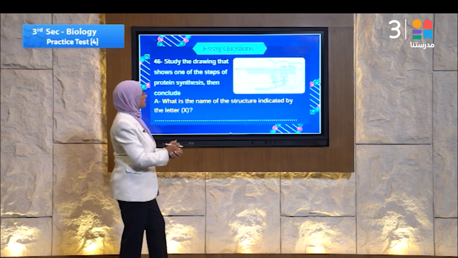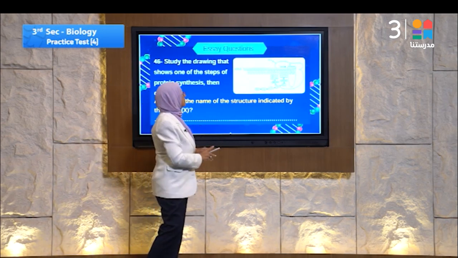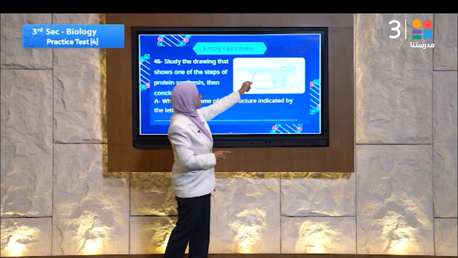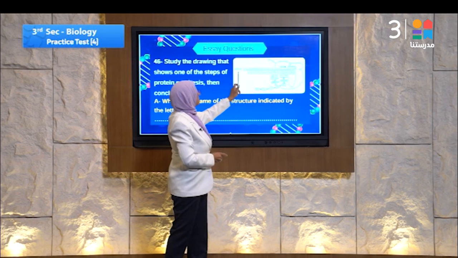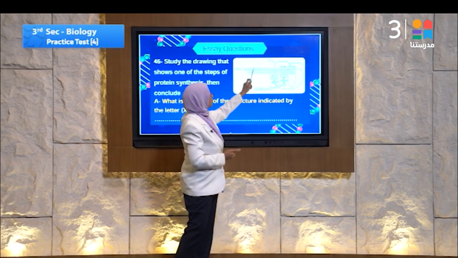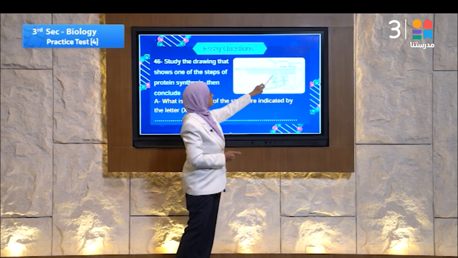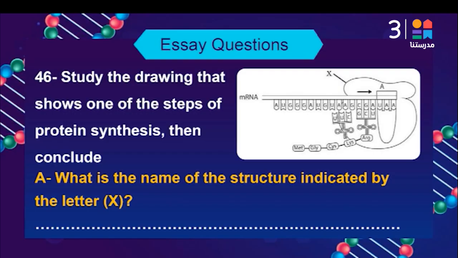Question number 46, here is the process to make protein. There are two letters, X and A. The first one, X, is ribosomes. Study the drawing that shows one of the steps of protein synthesis.